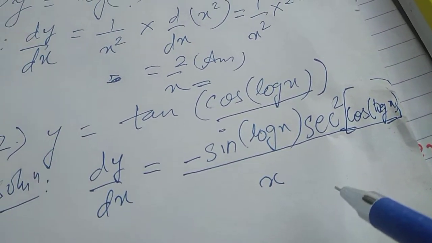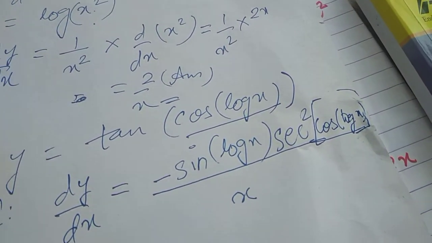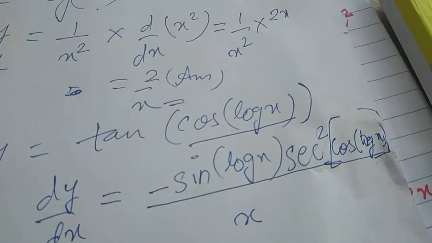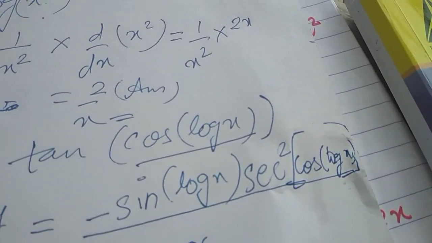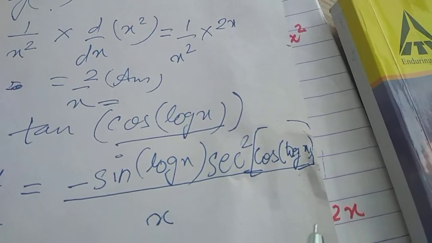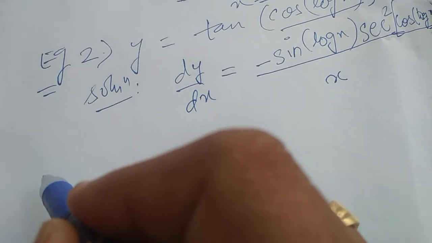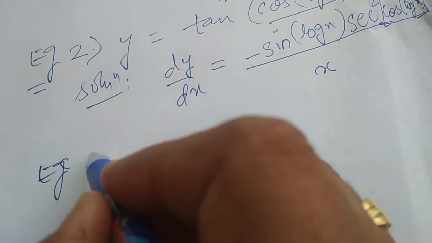So this is how we can complete the derivative. Very easily we can understand and put it in a proper way while finding. Directly you can differentiate.